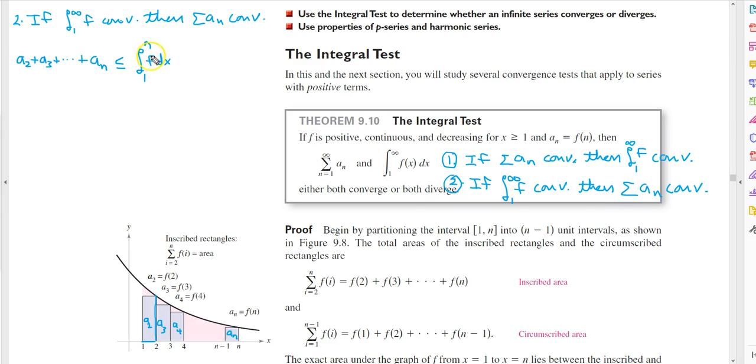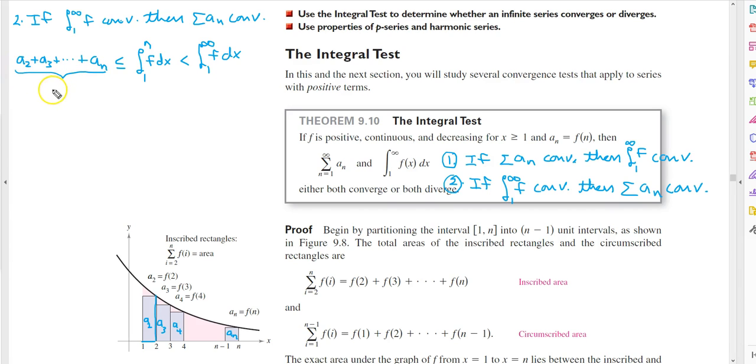And of course this quantity is going to be less than the integral from 1 to infinity of f dx. Right? Now this is true for all n. And you notice that this quantity right here is equal to our nth partial sum, but we're missing the very first term, a1.